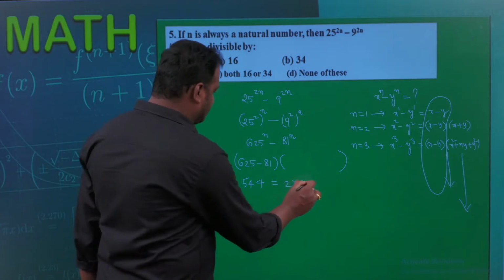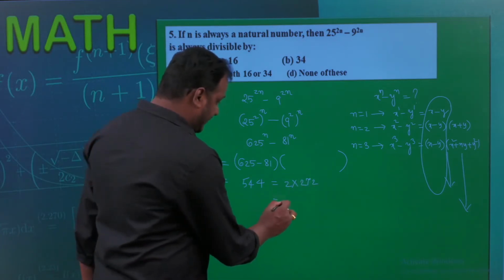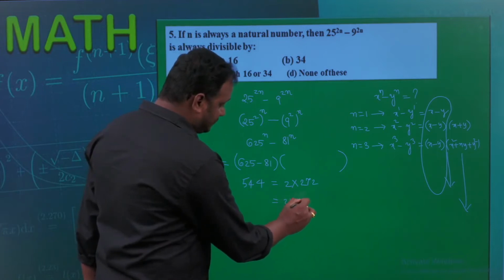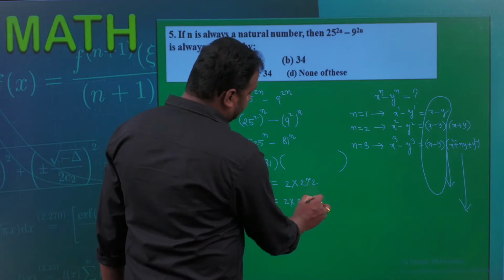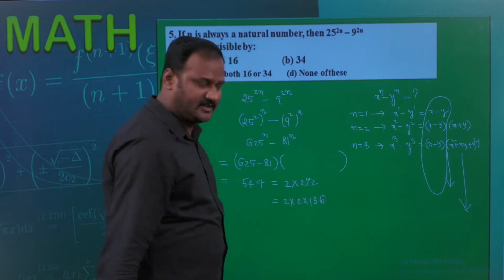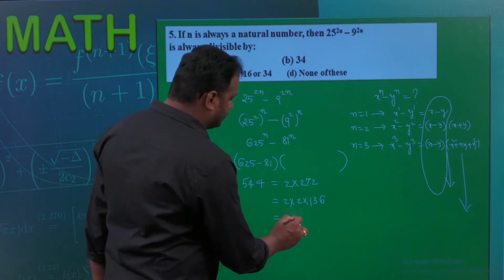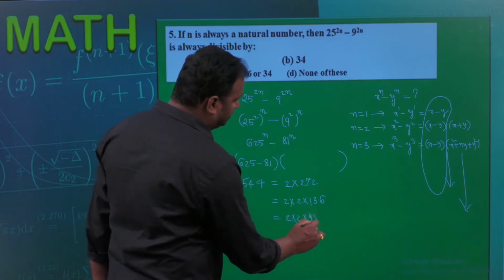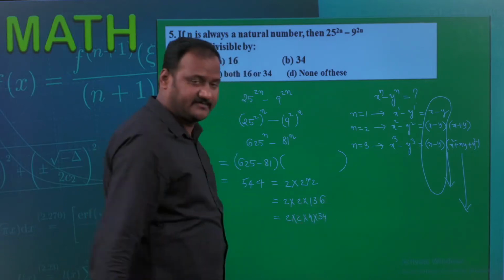So 2 2s are 4, 2 7s are 14, again 2 2s are 4. Next, again multiplying by 2. 2 1s are 2, 2 3s are 6, 2 6s are 12. I think 36 is divisible by 4, right? Okay. So 2 into 2 into 4, 4 3s are 12, 16, 4 4s are 16.